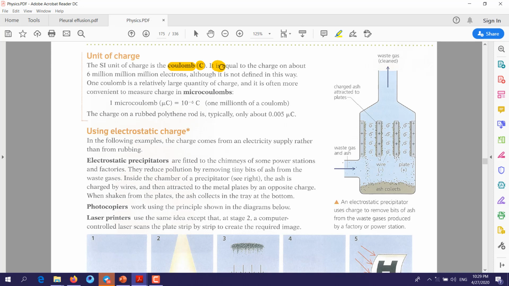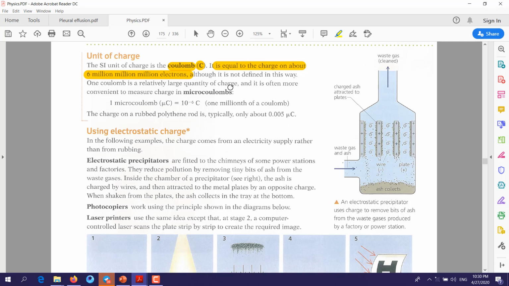It is equal to the charge on about 6 million electrons. So when you say 1 coulomb, you mean 6 million electrons. Although it is not defined in this way. One coulomb is a relatively large quantity of charge.